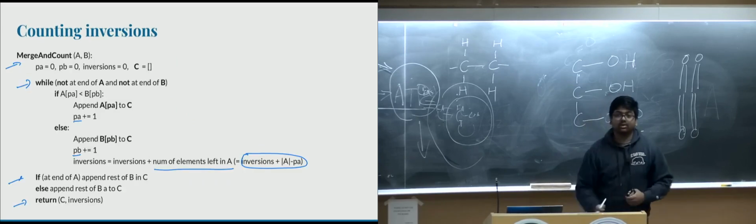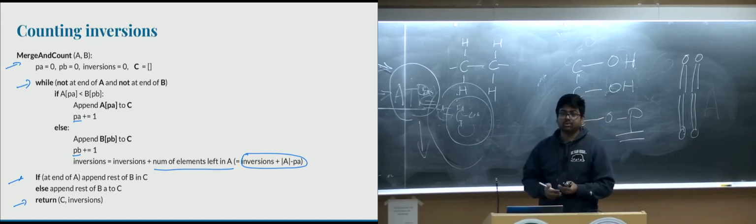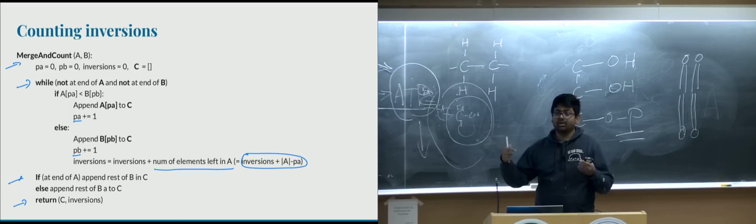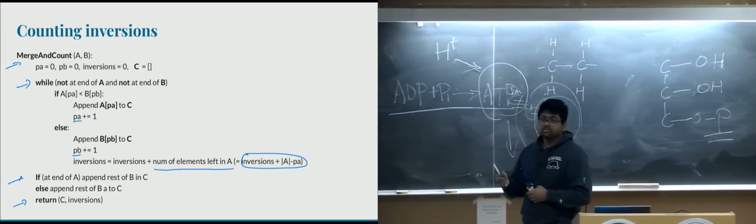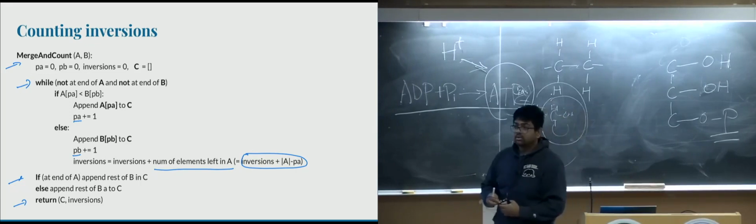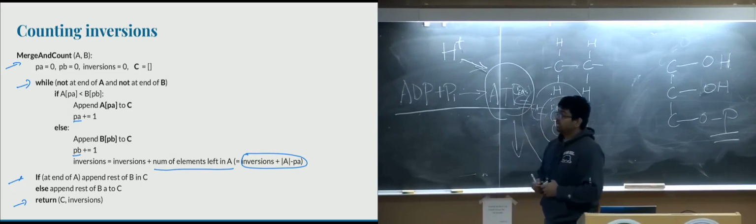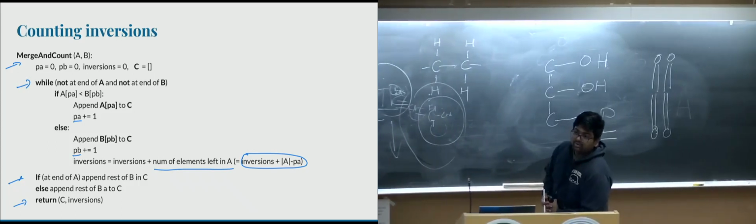So what about the runtime? It would be very similar to merge sort, right? Anyone want to explain that? What will it be in terms of the number of subproblems and the merging step?